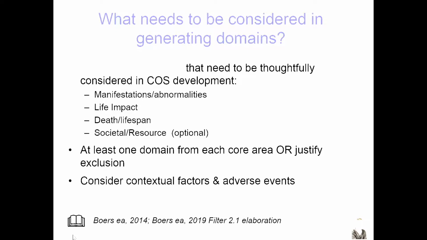I promised to say a little bit more about the core areas of health that need to be thoughtfully considered in every core outcome set development process. We distinguish between 4 categories of domains. The first are pathophysiological manifestations or abnormalities.